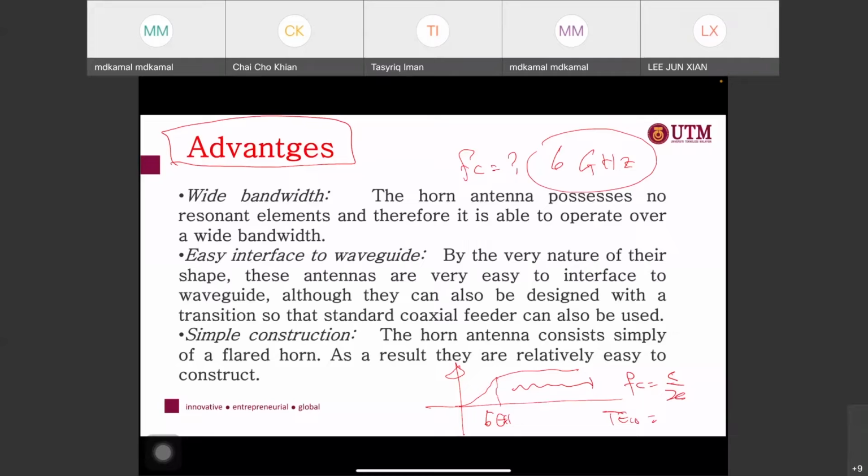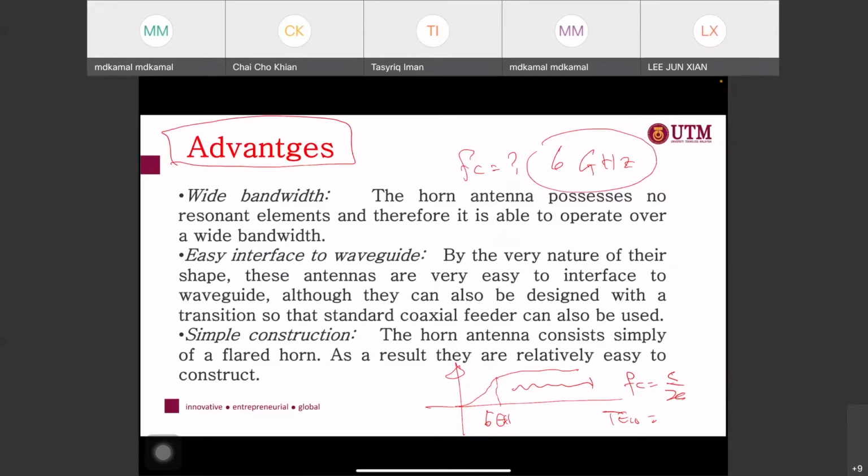So that's why if you do the antenna at microwave, it's okay. The size of the aperture is small. But if you talk about VHF, UHF, the size of your antenna will become very, very big. So that's why the horn antenna is not suitable to be used at low frequency, especially the VHF or UHF band.